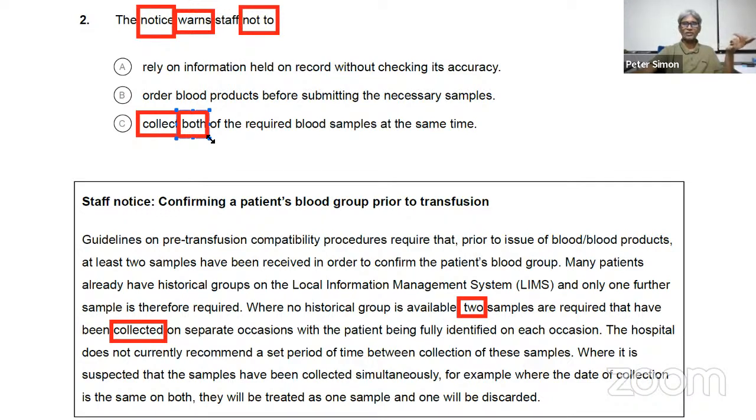Not to collect. Have been collected. Required. Every word should be there. I'm telling you, every word must be there. Then only you can confirm. Otherwise, you cannot be fully assured. That's why I'm telling you, some people give a lottery ticket without confirming.